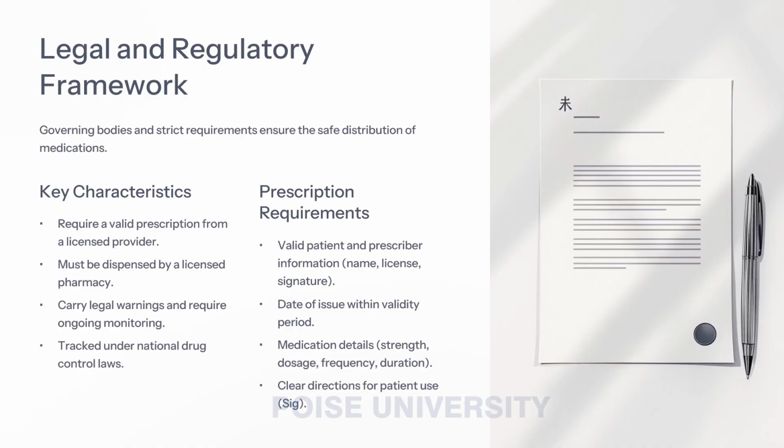So again, don't forget: valid patient. By patient, I mean name, age, sex, all of that. Valid prescriber, a doctor, a surgeon or consultant. The date of issue has to be valid. It cannot be forever.